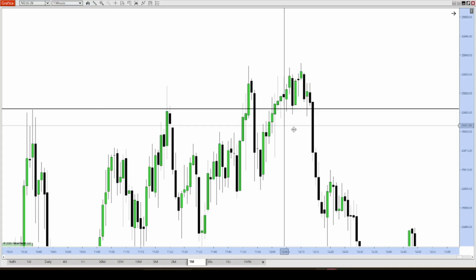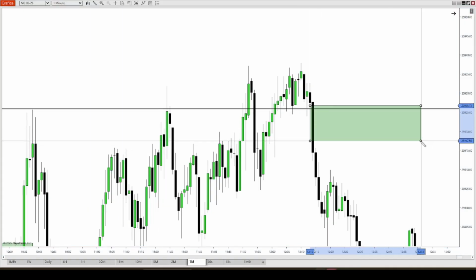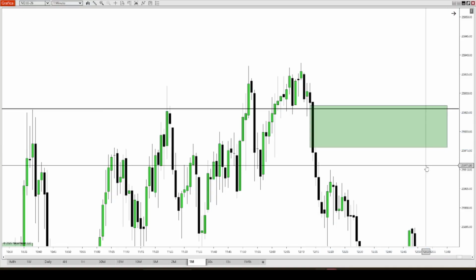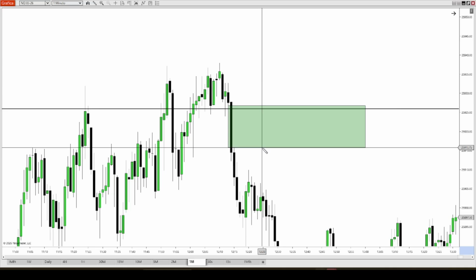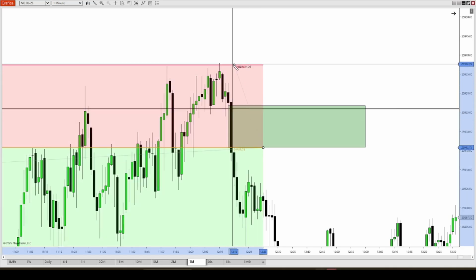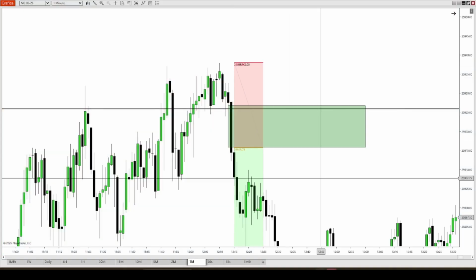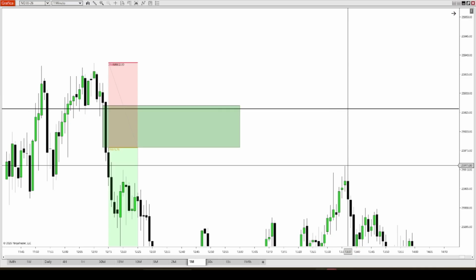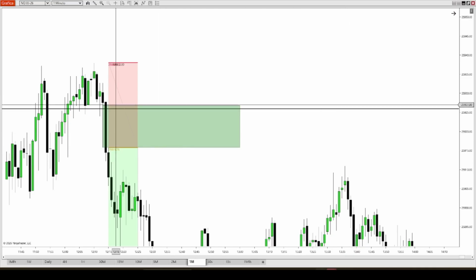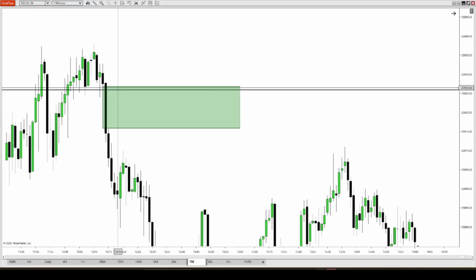So here's your VC. I mark the VC. So my trade was there from the low of the CB to the top of the CB. But as you can see, price didn't reach it. So this trade never happened. I never got filled.